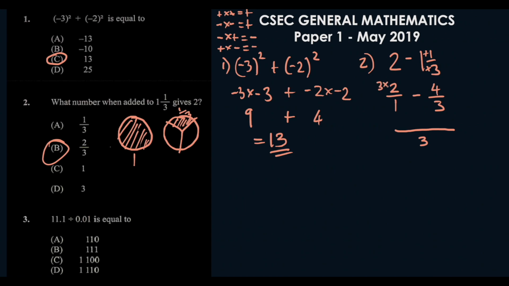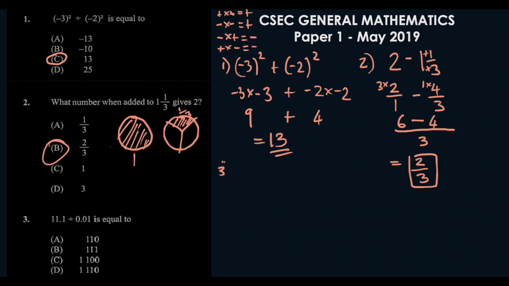So then I'll multiply 3 by this 2, which is 6. 3 into 3 goes once. And I'll multiply it by the 4. So 1 times 4 is 4. And what do we have to do? Subtract them. Therefore, 6 take away 4 is 2 over 3. So that's the mathematical approach to this question.